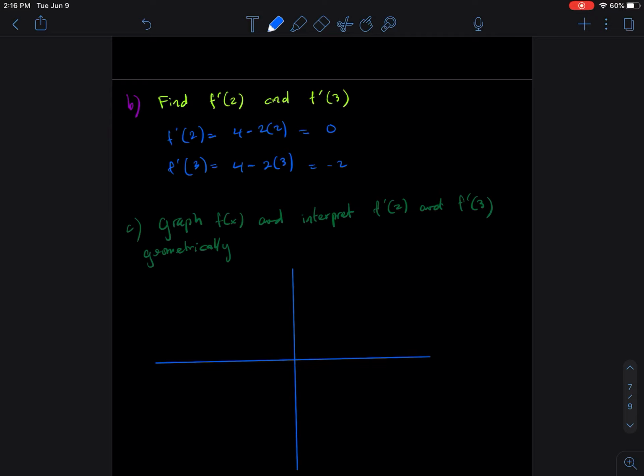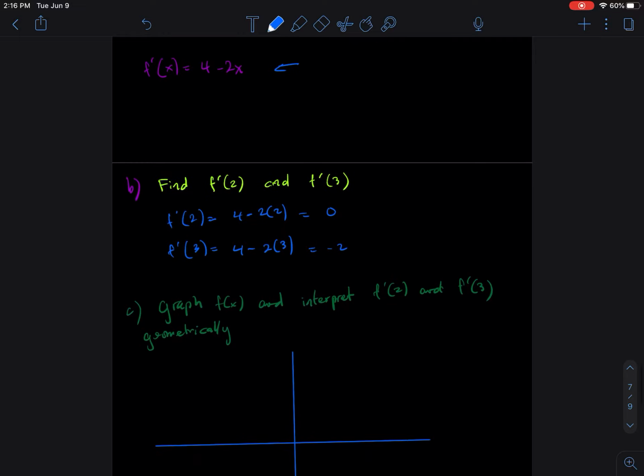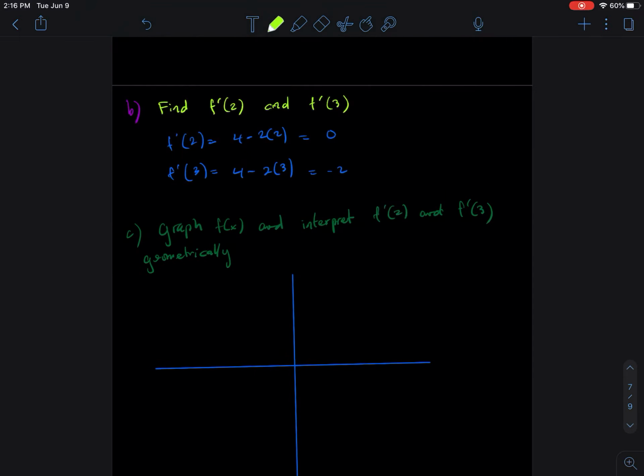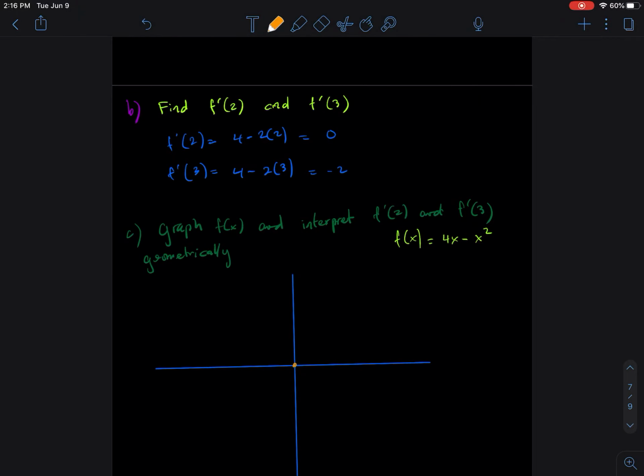So to graph f of x, what is f of x here? f of x is 4x minus x squared. To graph this, we use the x and y intercepts first. So the x-intercepts are going to be 0 and 4.